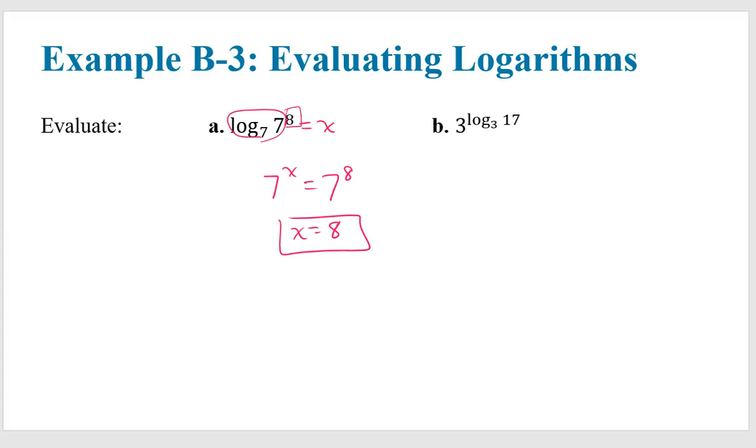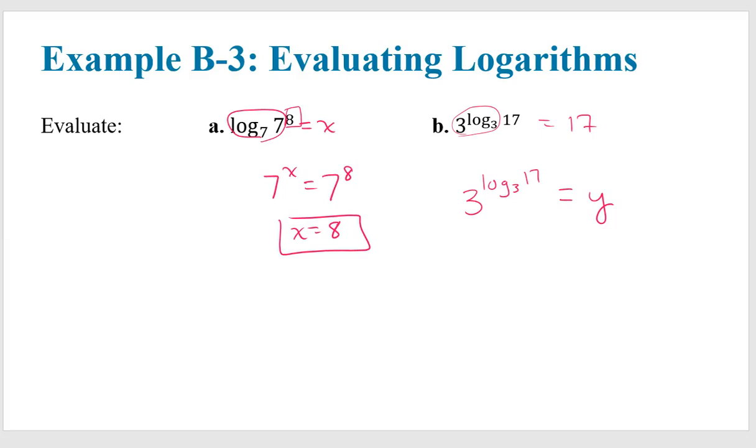All right, same thing if you have 3 raised to the power of log base 3 of 17. Your base and your base are the same here, so the answer is just going to be 17. Of course, if you got stuck, you could always take this exponential expression, set it equal to a variable, and then change it to logarithmic form.